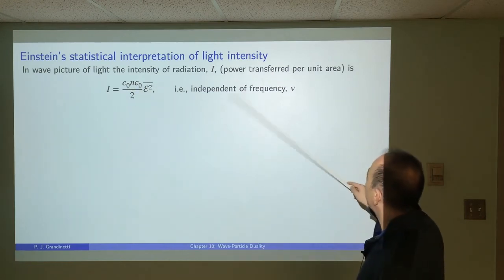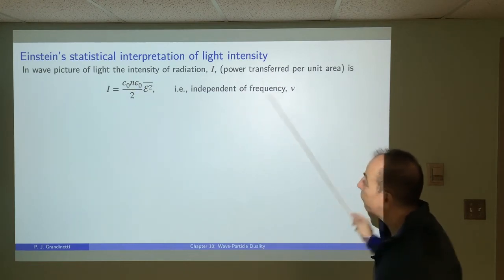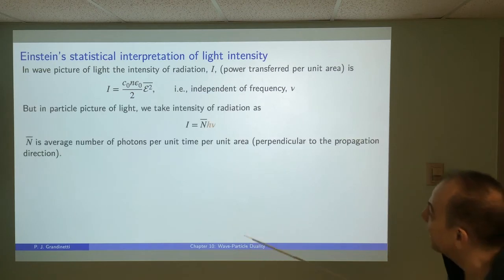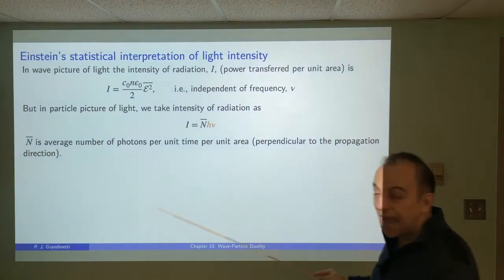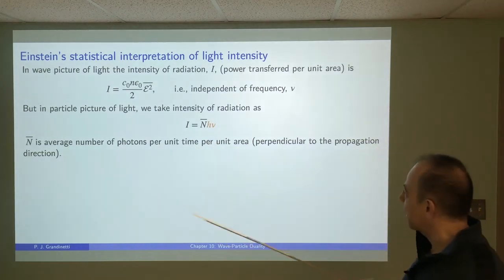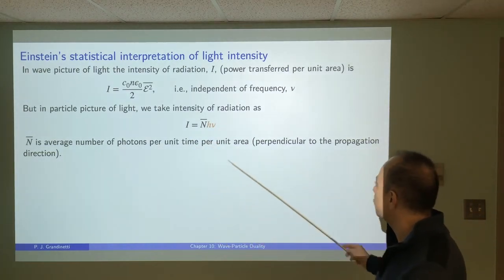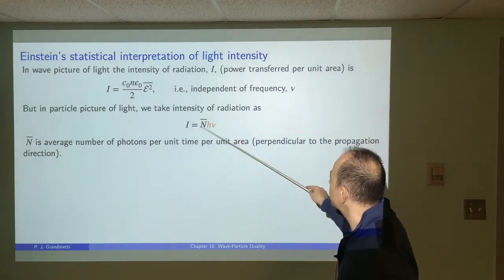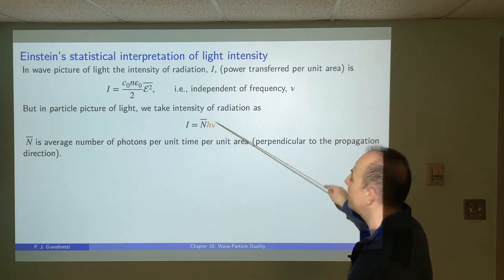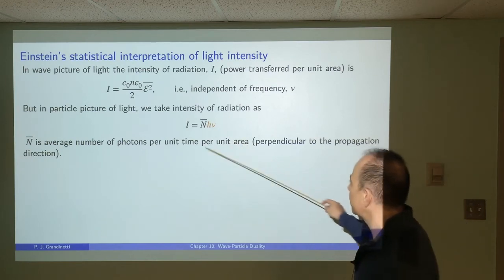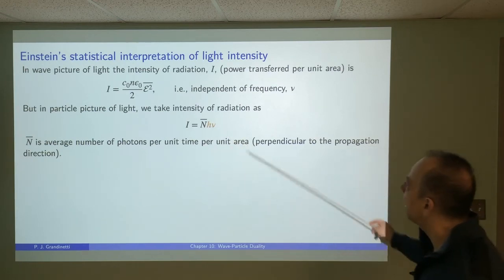We learned this in the earlier chapter, and that is independent of frequency, of course. In this new picture, the intensity is just how many photons are hitting the electrode, right? So in this case it is the average number of photons per unit time times h nu, moving along the direction of the wave.